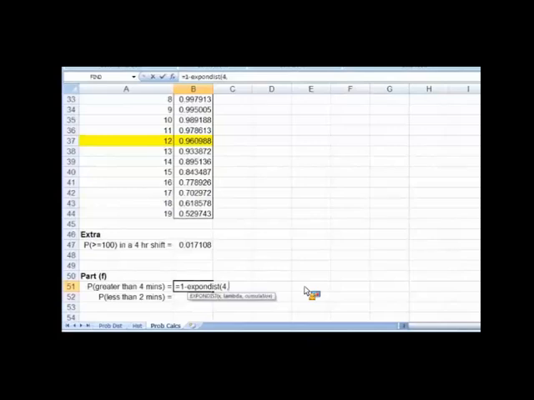Well, I put in 20 for lambda, except that's expressed in 20 calls per hour. So I need to convert that to minutes. So 20 calls per hour is just 20 divided by 60 to convert that to calls per minute. So I can say 20 divided by 60, do that inside my formula, comma, 1.